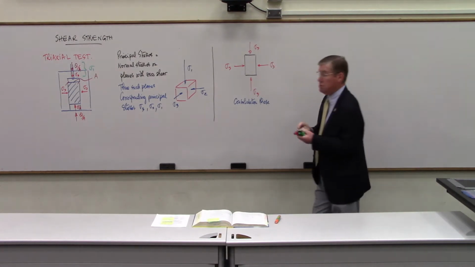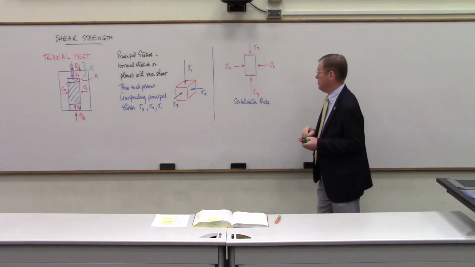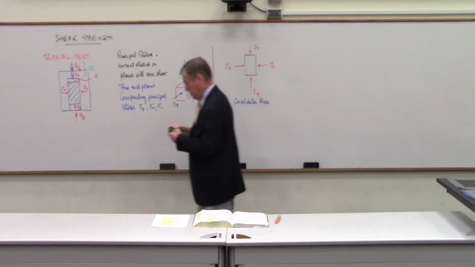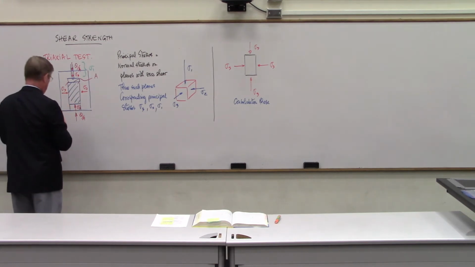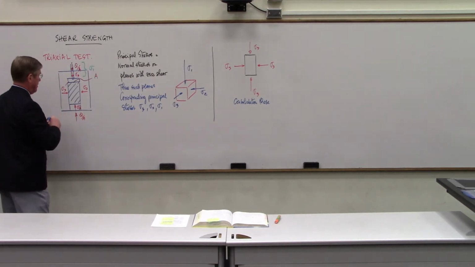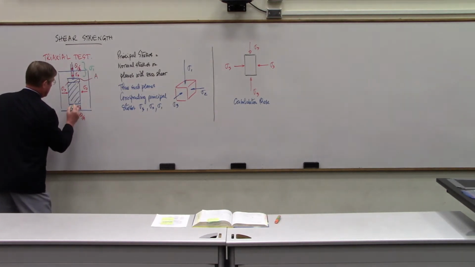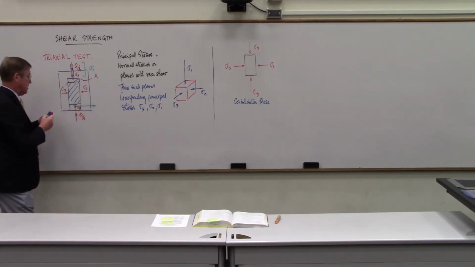And this consolidation phase, we can do it drained or undrained. Drained means that when we squeeze the sample, now usually we have a membrane here, but when we squeeze the sample with this sigma 3, we can let the water go out. So you might have a pore right here, and then the water can actually squeeze out of the sample.